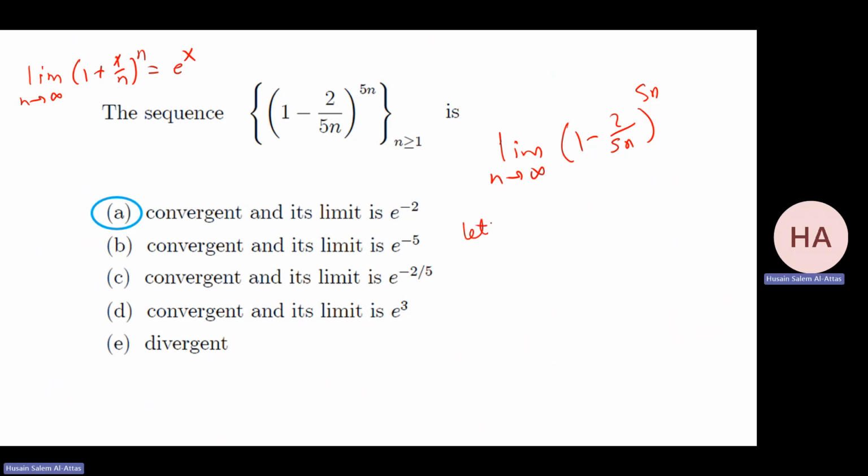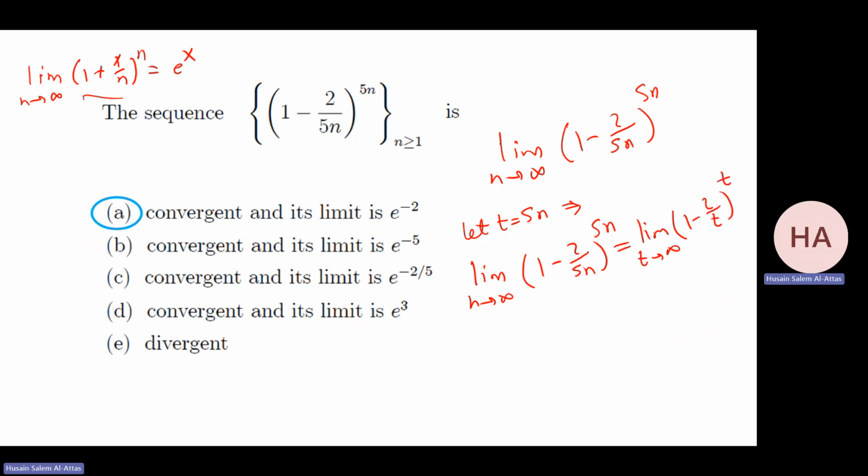Now I let t equal 5n. Then I have this limit, (1 minus 2 over 5n) to the power 5n, will be what? If n goes to infinity, then t goes to infinity. The limit of (1 minus 2 over t) to the power t.